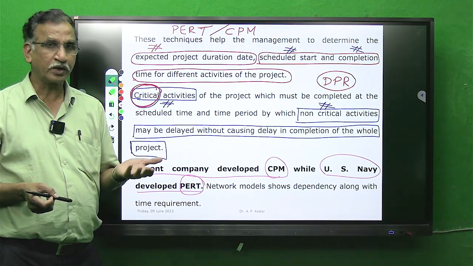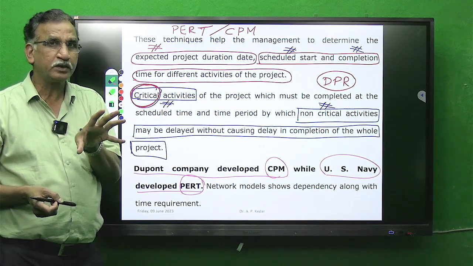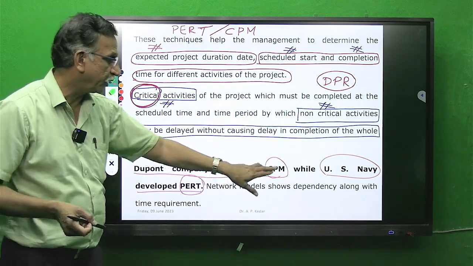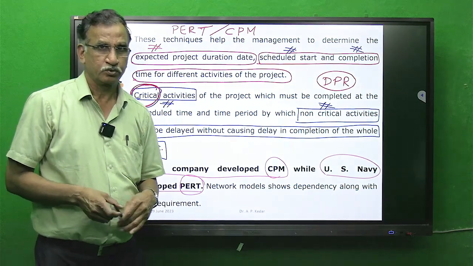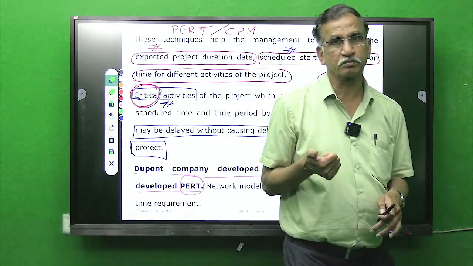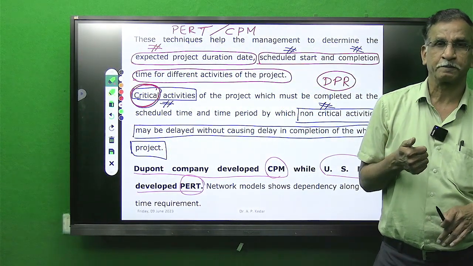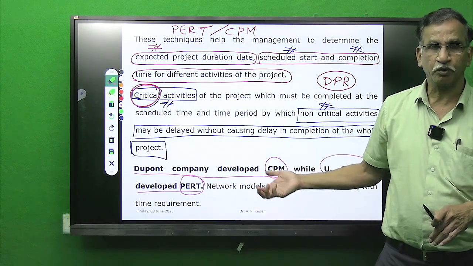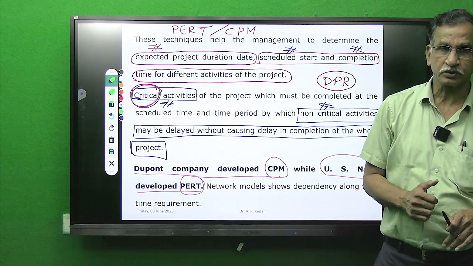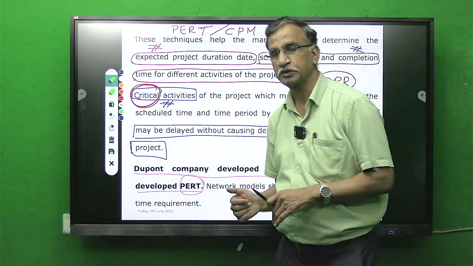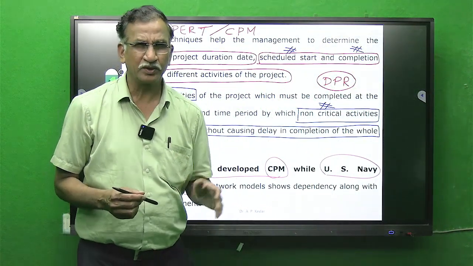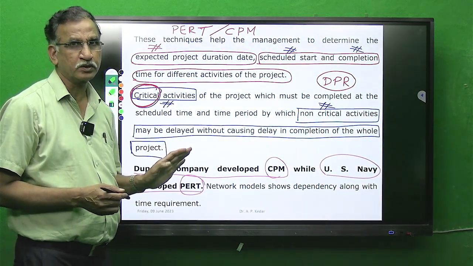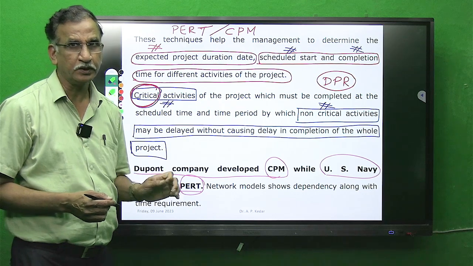Looking at their success, other industries started using the PERT model developed by the US Navy. So these terms CPM and PERT were developed by the DuPont company and the US Navy respectively, and nowadays they are widely used as a main tool of operations research or optimization technique.